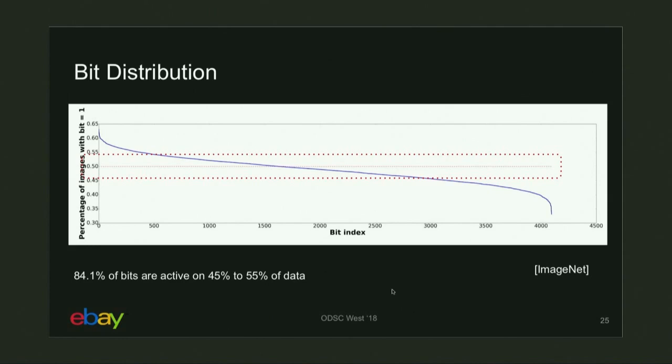So here, what we are showing is for ImageNet, using the sigmoid approach. The ideal case is you have to be flat, right? 50%, right? But practically, you need some kind of redundancy because if some bit has noise, you want another bit to pick up that information. So what I've shown here are the 2 red lines. They are plus or minus 5% from 50%, right?